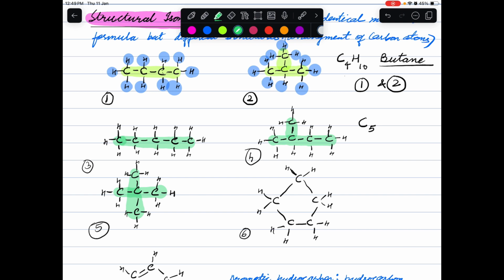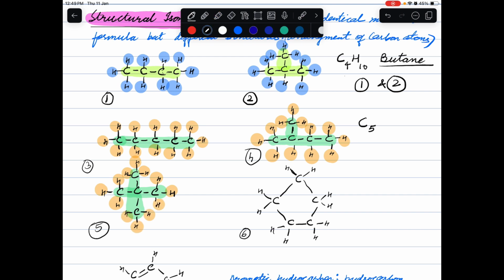We have 12 hydrogens in the third structure, 12 in the fourth structure and 12 in the fifth structure.